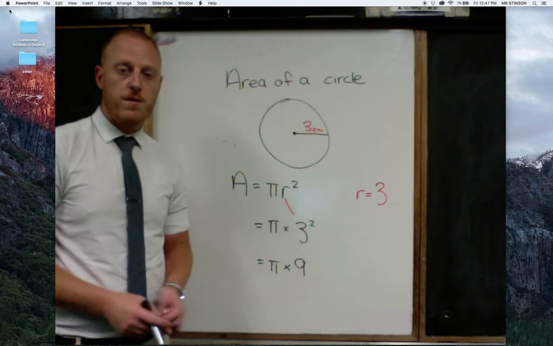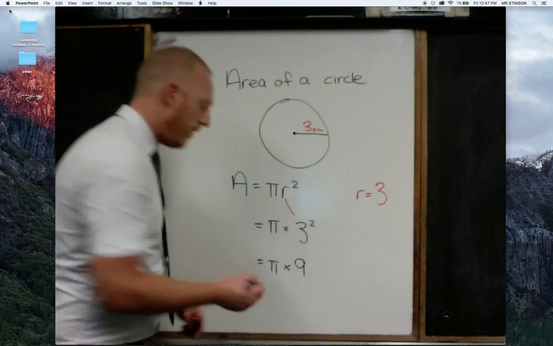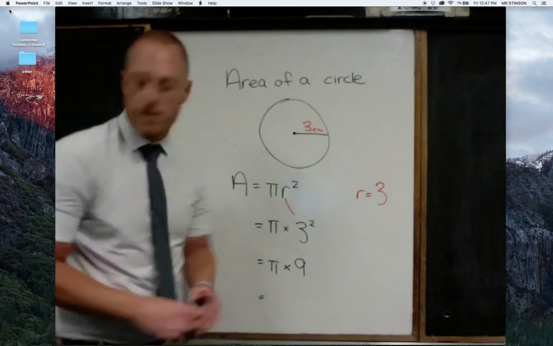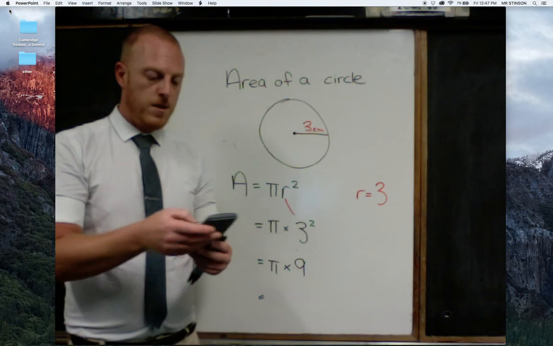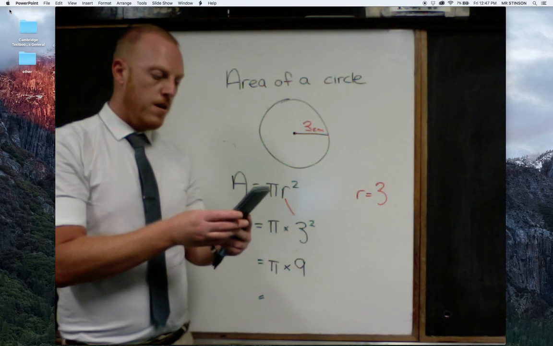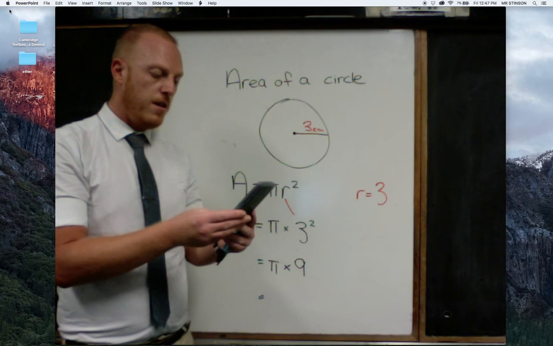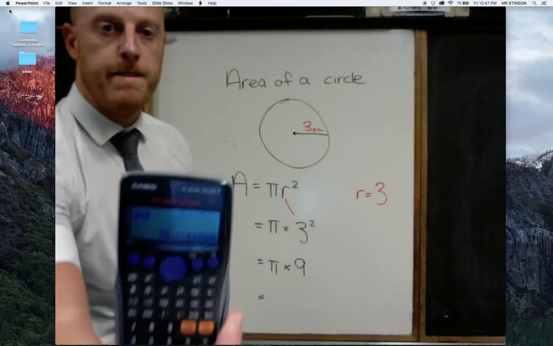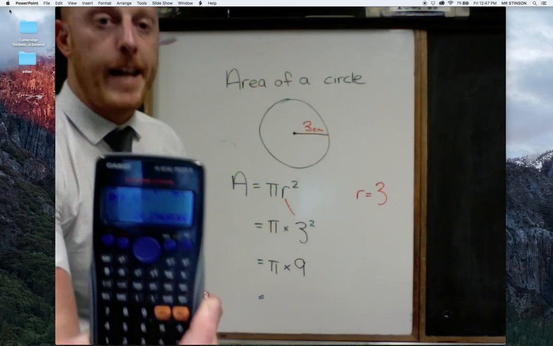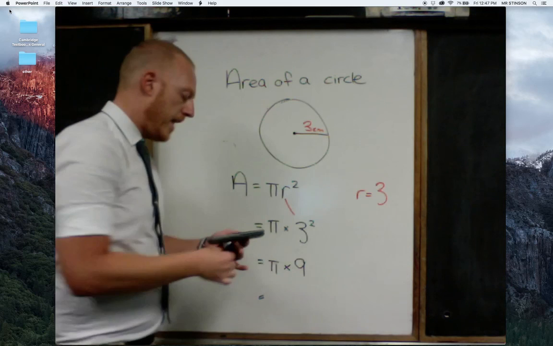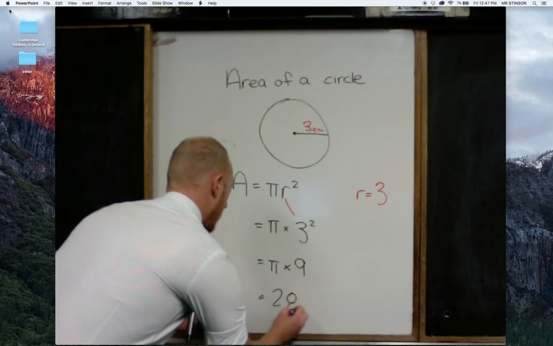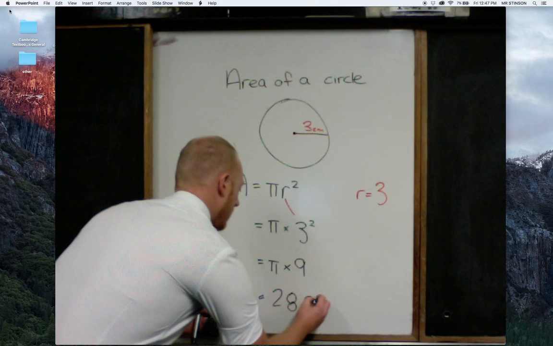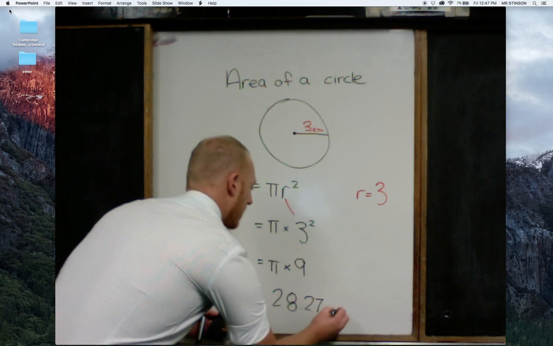That's an easy step to make. Let's go further and actually do this on our calculator. Grab it out. Pi times 9 equals. Let's write this as our final answer. 28.27 centimeters squared.